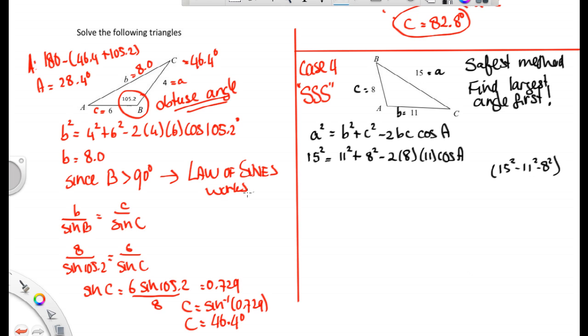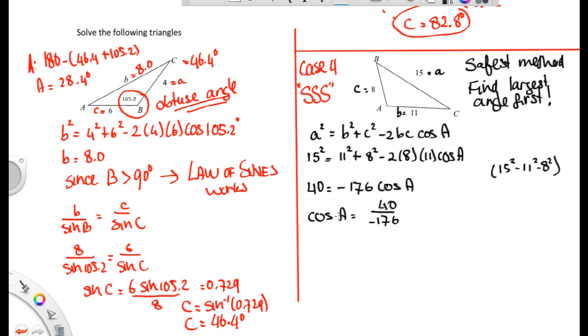And when I do that, I got 40 equals, and then here you do 8 times 11 is 88 times 2, so it's a negative 176 times the cosine of A. So when you divide that, the cosine of A should be 40 divided by a negative 176. And that's what I meant earlier with I should be solving for a negative here at some point.